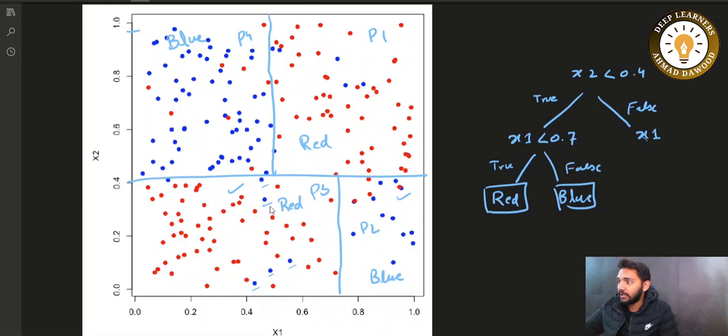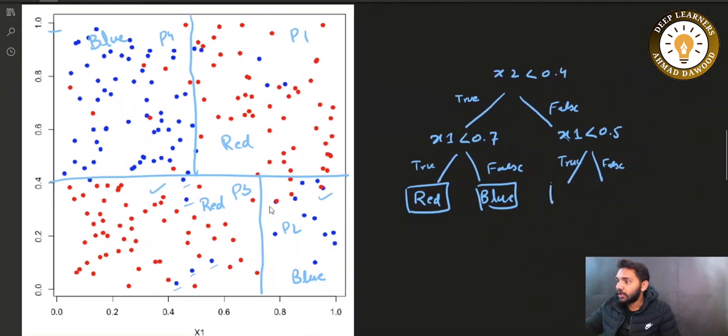So x1 greater than 0, sorry, I will follow the same way. x1 less than 0.5. If true, then on this side, and if false, then on this side.